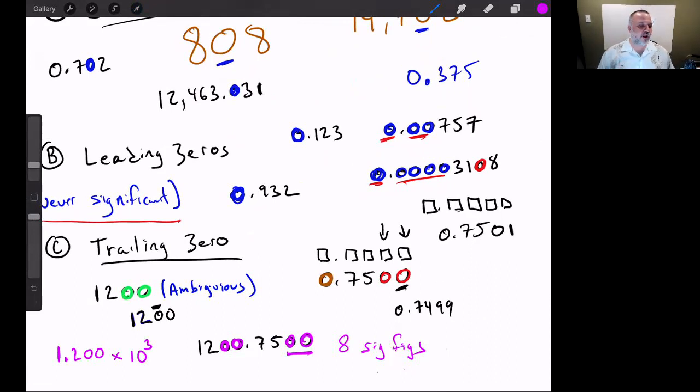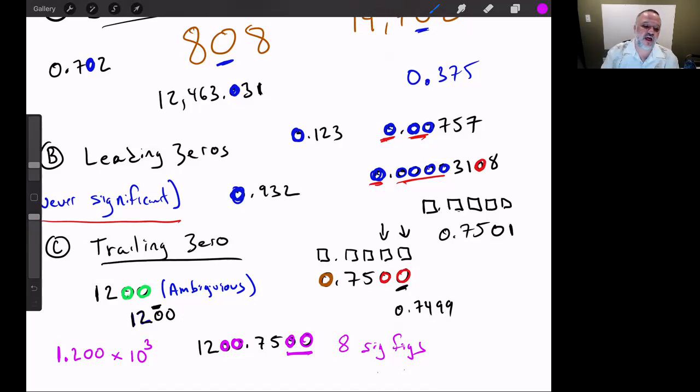So what I'm doing is taking ambiguous zeros and making them into trailing zeros that I don't need to represent the value. I've got 1.2 times 10 to the third. I don't need the zeros in order to have 1.2 times 10 to the third.